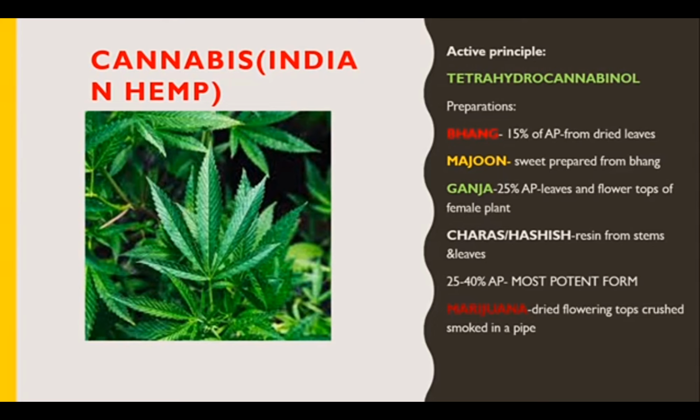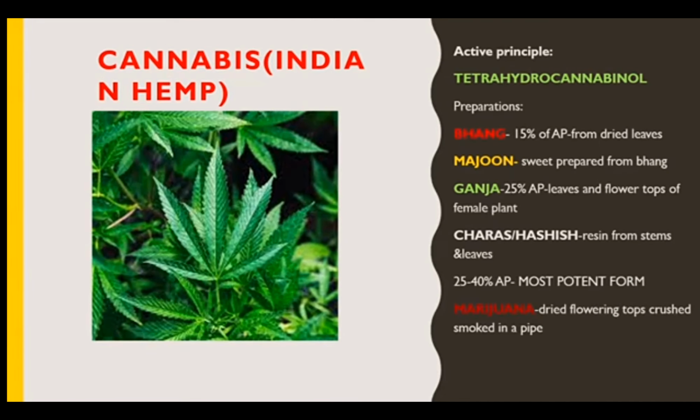See, B comes before G, so bhang is the lesser amount, 15%, and ganja is 25%. So these five preparations we need to remember: bhang 15, majoon is a sweet, ganja is 25%, charas or hashish is from stems and leaves, and marijuana is in a pipe.